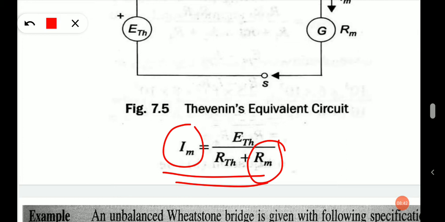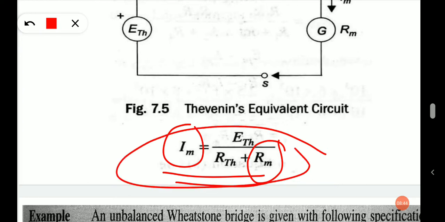It can be concluded from this equation that the sensitivity of the bridge circuit can be improved either by increasing the Thevenin equivalent EMF ETH, which can be increased by increasing the supply voltage, or by using a more sensitive galvanometer.